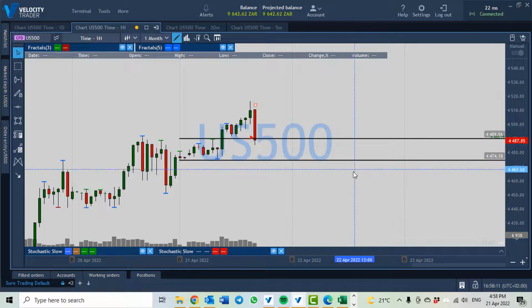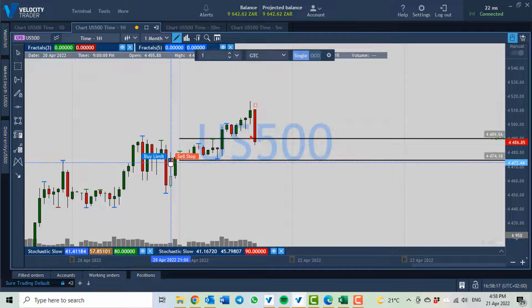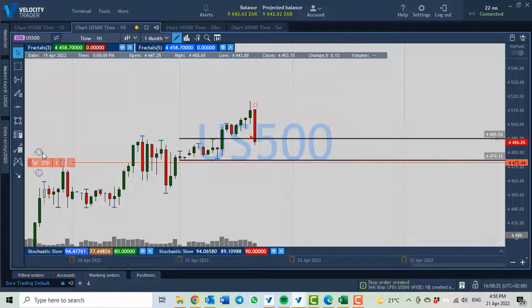Now what I'm going to do is, because we're back into the range, I'm going to place an order to go short in case it goes down below through the bottom of the range again. So the distance to the other side of the range is 270, so it's about 135.